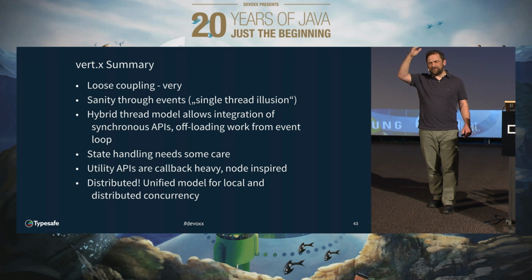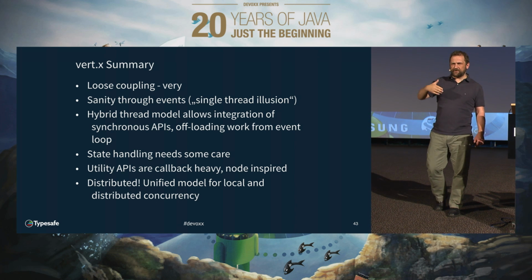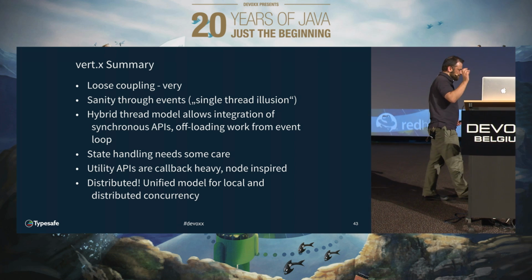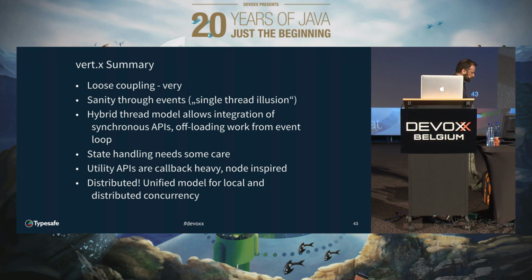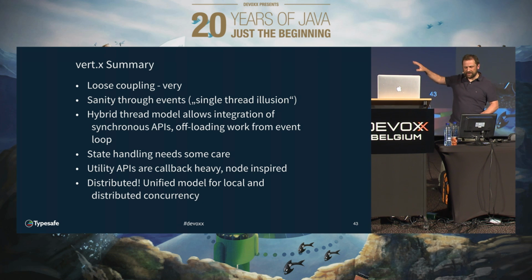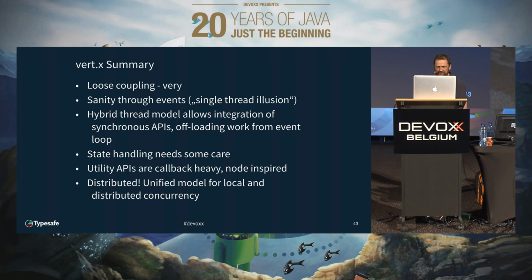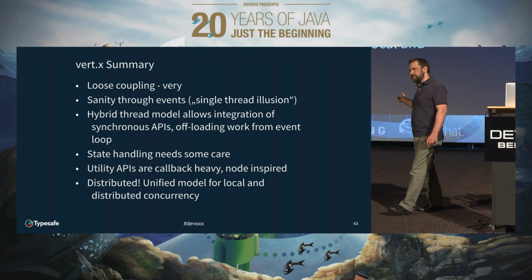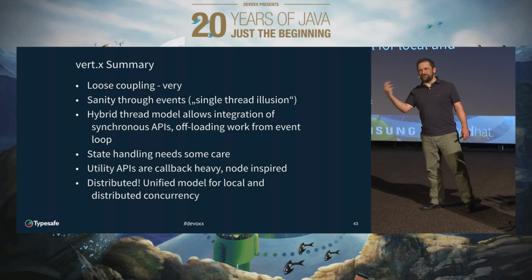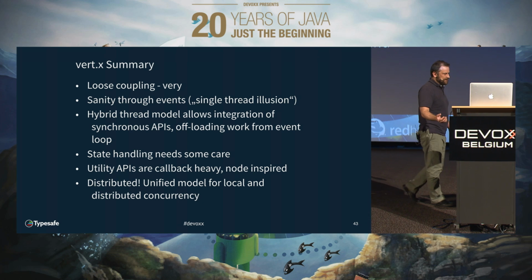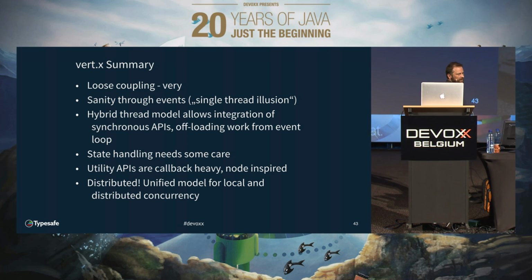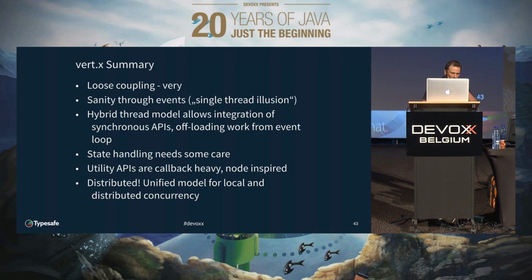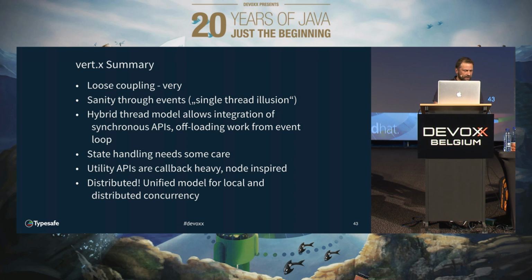At this point, I just have to care about this one thread that my vertical is running on. There's not going to be any sharing of a vertical by multiple threads at the same time. So I can encapsulate state in there, things like that. The hybrid thread model allows easy integration of synchronous APIs. If it comes to async, it's usually callbacks. It's very callback heavy. It's not my taste, but well, other people might like it. And we already saw there is, of course, syntactic sugar for that.